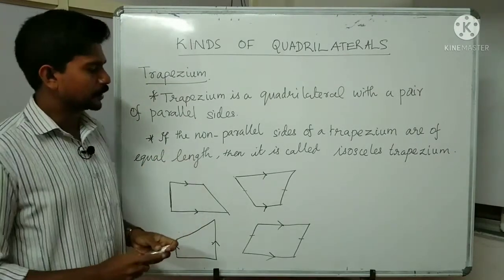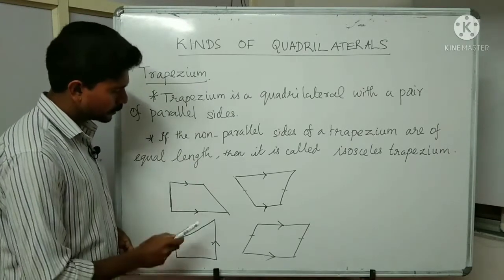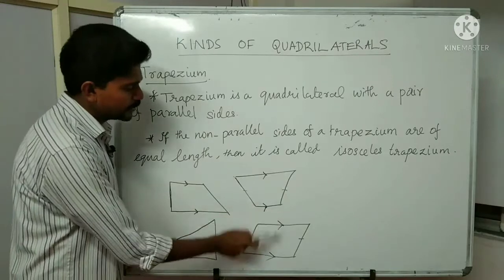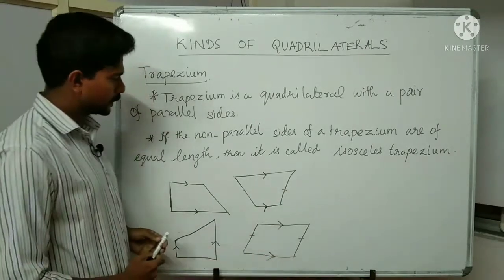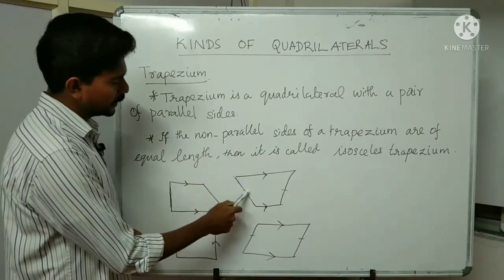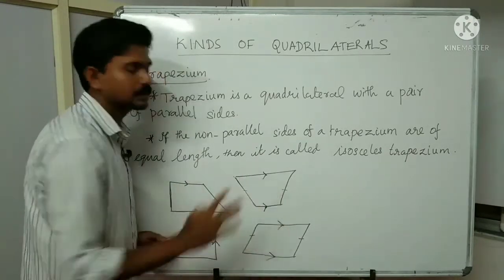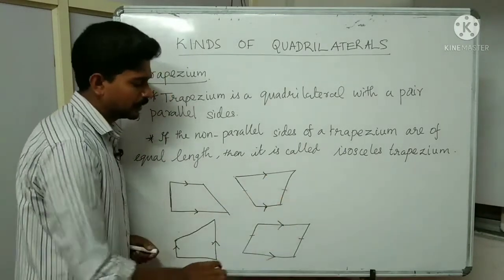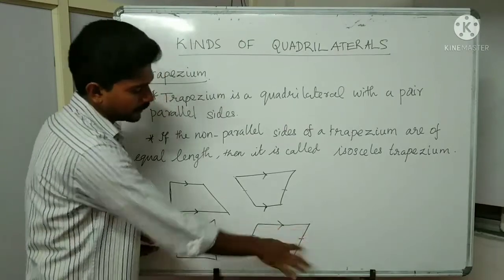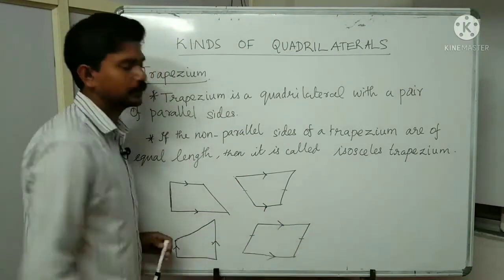These are the non-parallel sides. If you see these two examples, these two sides are non-parallel, but I have given these two dashes, which means these two lengths are equal. The non-parallel sides are not parallel, but we can say they are equal in length.